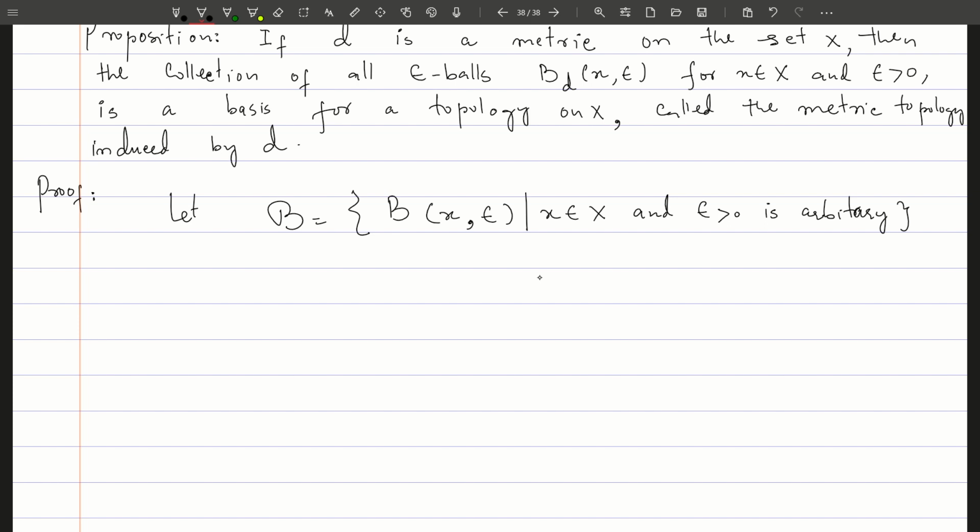And the second condition is that if we have an element, say y, which is in two basis elements, then there is a third basis element which contains that point, and that basis element is contained in the intersection of the original basis elements. So this is our basis element. So condition first is trivial.